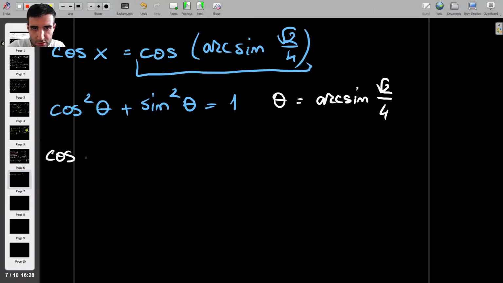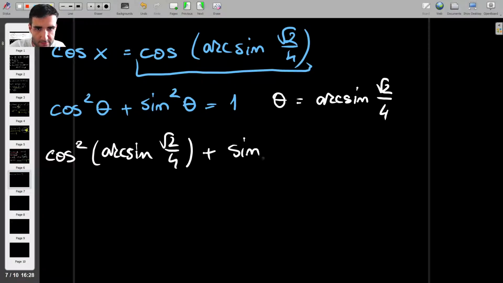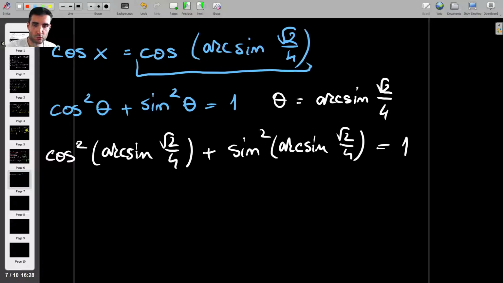So we have the cosine squared of arcsine of root 2 over 4 plus sine squared of arcsine root 2 over 4 is going to be equal to 1.